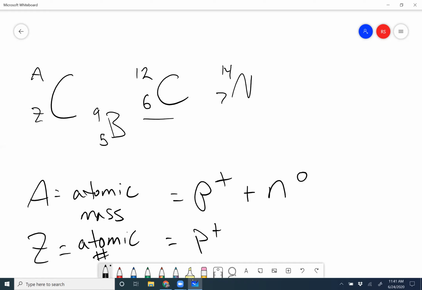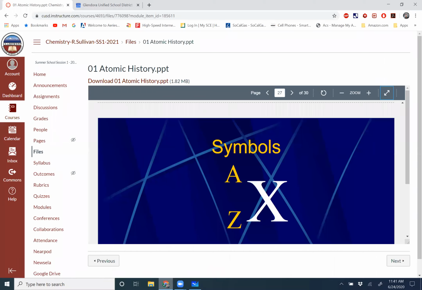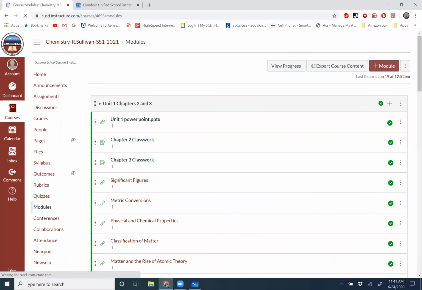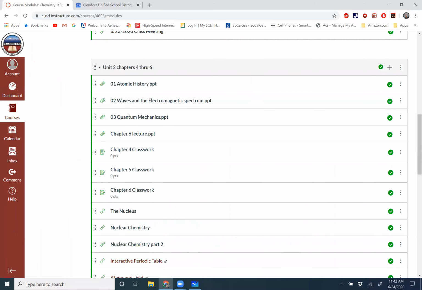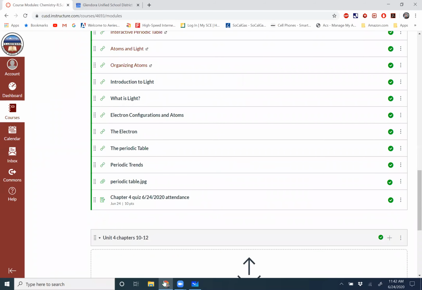So in the case of this carbon, if our atomic mass is 12 and the protons is 6, then the neutrons have to be 6. So when you're looking at a problem and it asks you how many neutrons something has or how many protons something has, you can look on the periodic table.